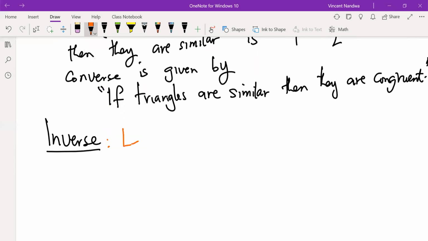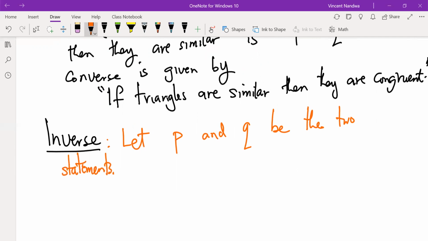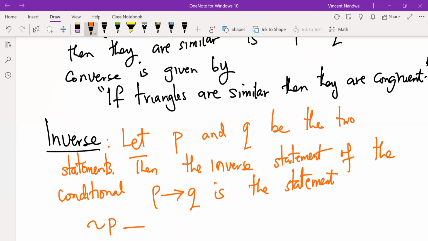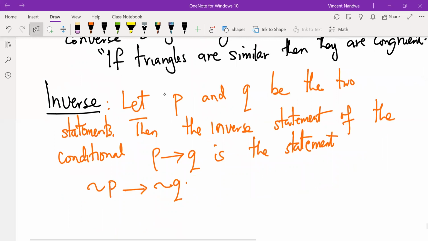So the inverse, let P and Q be two propositions, then the inverse statement of the conditional P implies Q is the statement not P implies not Q. So you negate both of them.